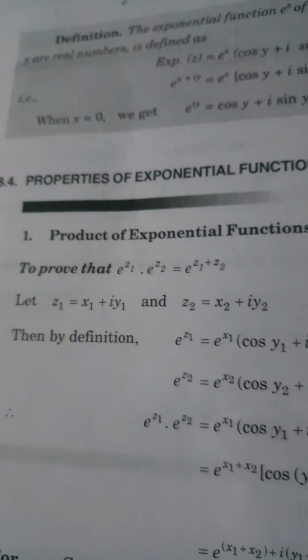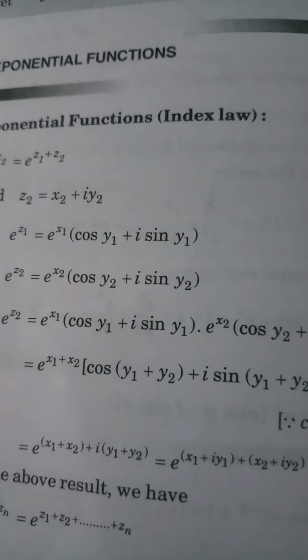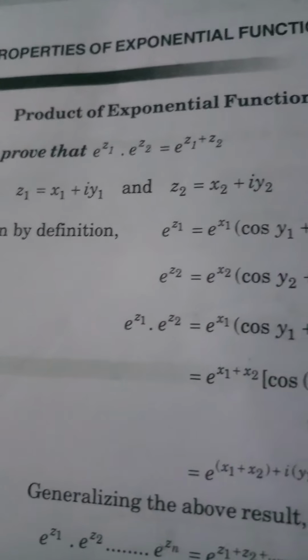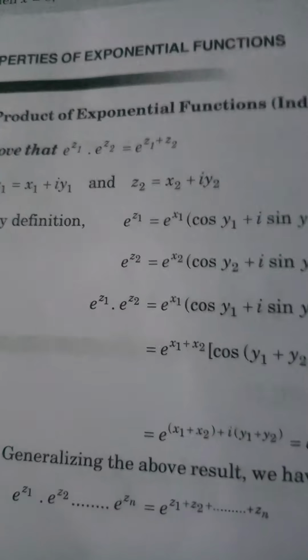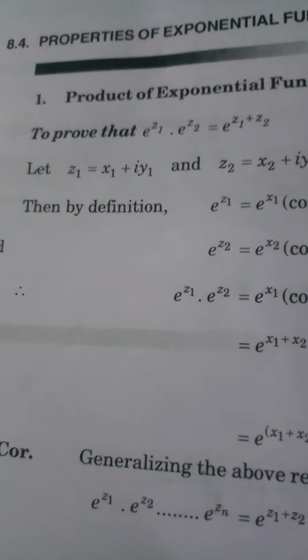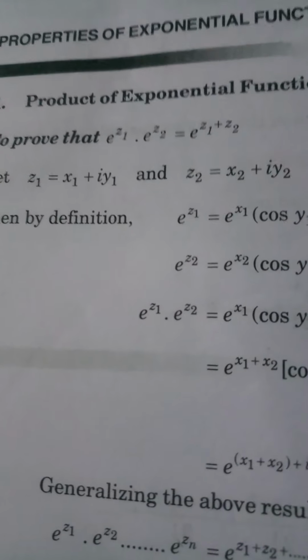Properties of exponential functions. Product of exponential functions, that is, the index law. To prove that e to the power z1 into e to the power z2 is equal to e to the power z1 plus z2, let z1 is equal to x1 plus iota y1 and z2 equal to x2 plus iota y2.